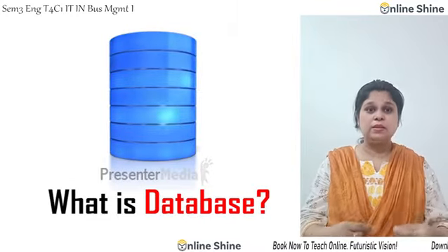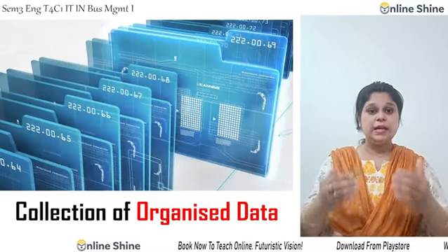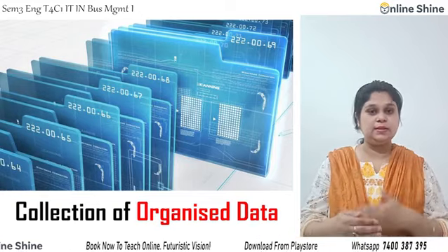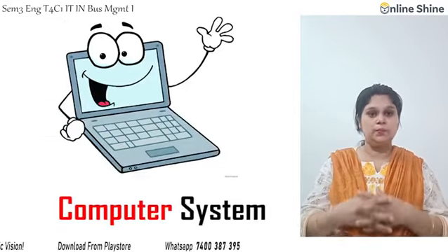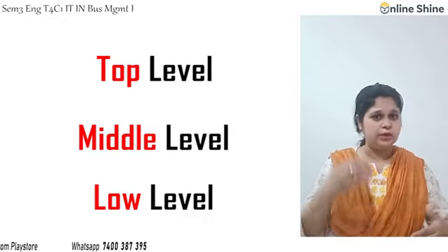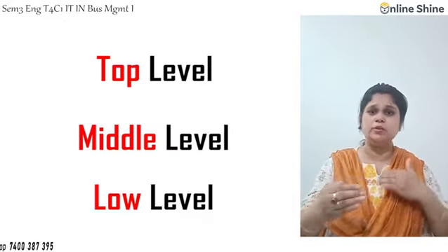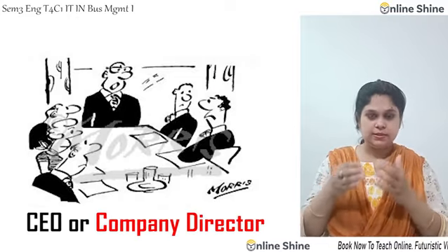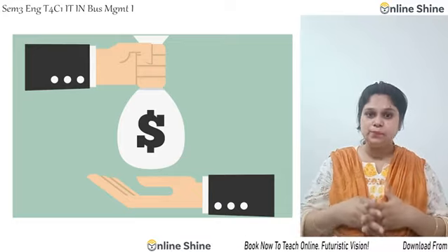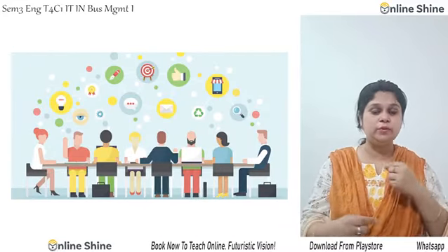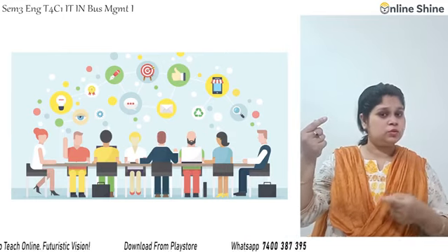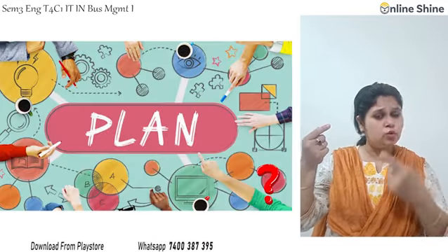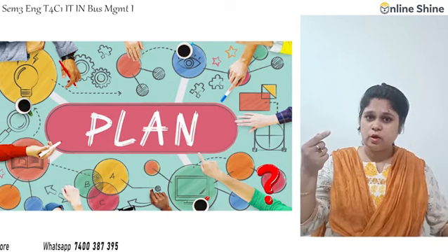Then what is database? Database means a collection of organized data generally stored and accessed electronically from a computer system. Like we have top level of managers, we have middle level, we have low level. As we all know, the CEO or company director is getting much more salary than their employees. Whatever plans, whatever procedures our top level managers are planning, at the time of planning, do they reveal their information to low level managers?